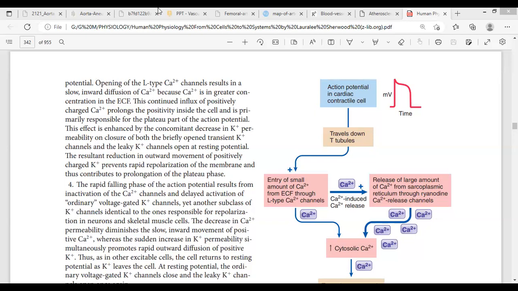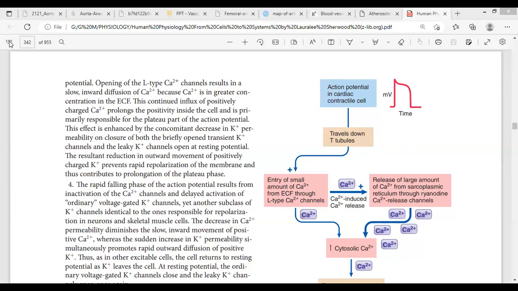Now we've talked about the depolarization part. The sinoatrial node has done its work. Now we need the muscles to contract so that we can pump blood.